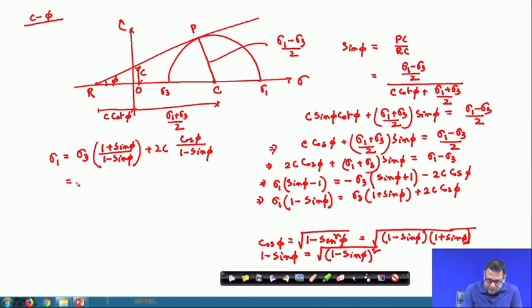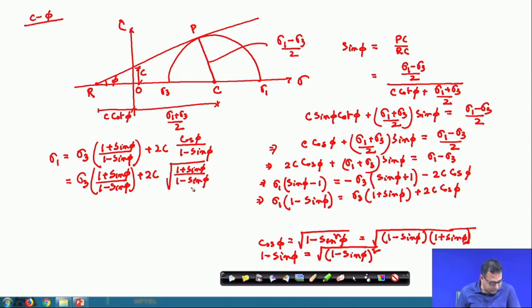So, this way I can write sigma 3 (1 plus sin phi)/(1 minus sin phi) plus 2c root over (1 plus sin phi)/(1 minus sin phi). Because here 1 minus sin phi, 1 minus sin phi will cancel out. There will be root over 1 plus sin phi, and this is 1 minus sin phi. Both are within the root.